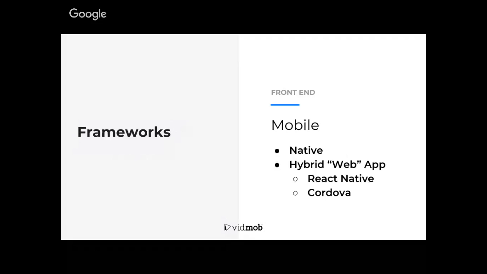Cordova is another example, which is more like a web wrapper around your application. But if you want to have a singular code base that you can share across the web, iOS, and Android, React Native and the React ecosystem in general is a great way to go there, if you want it. Yeah, absolutely.